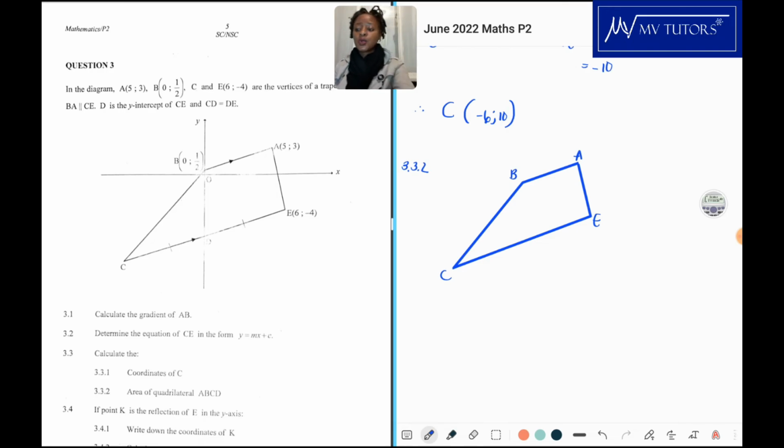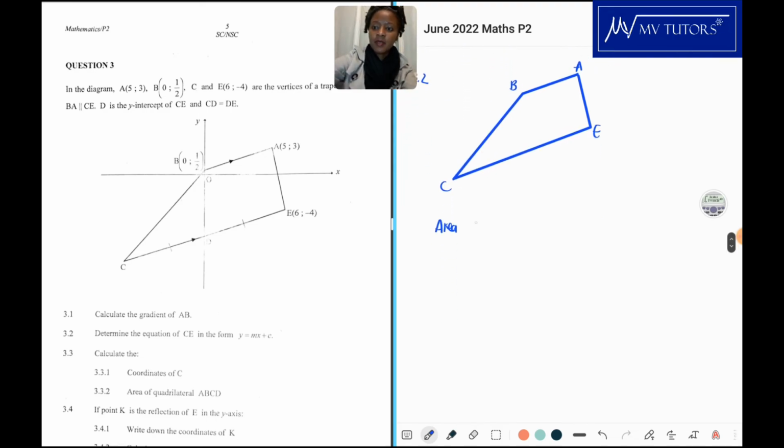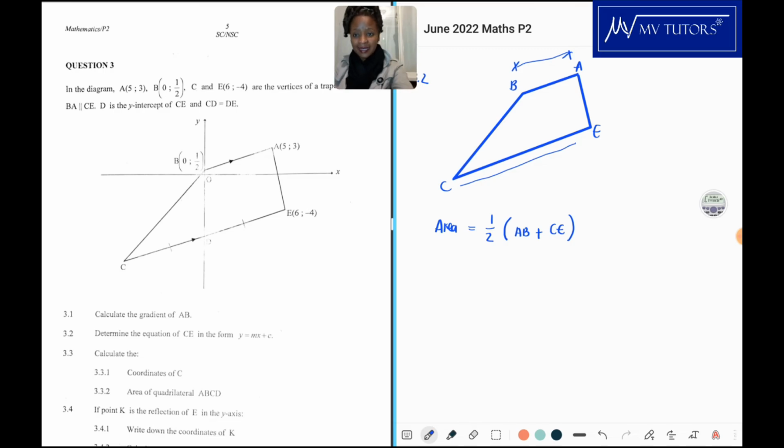All right, so the area of a trapezium, okay, what you would do if you're going to calculate the area, it's quite similar to the area of a triangle, but not really quite, but kinda. So it is half, then you're going to take the length on top, so half AB plus the length at the bottom, CE, and then multiply by the perpendicular height.